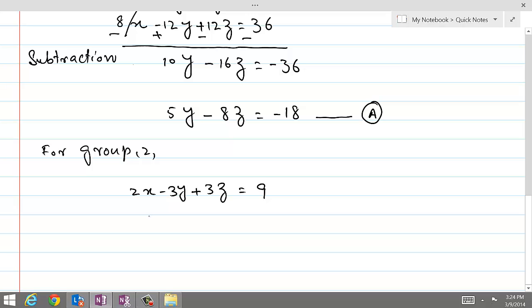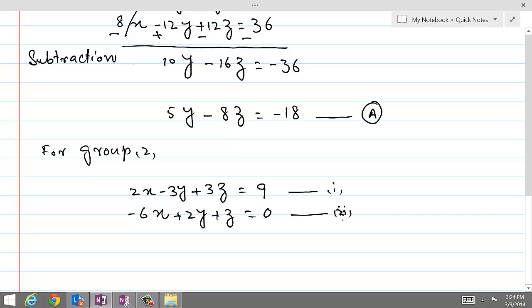And the next equation, equation number 3, is minus 6x plus 2y plus z equal to 0. So for group 2, this is equation 1 now, and this is equation 2.